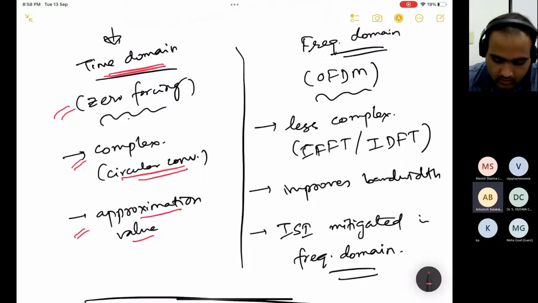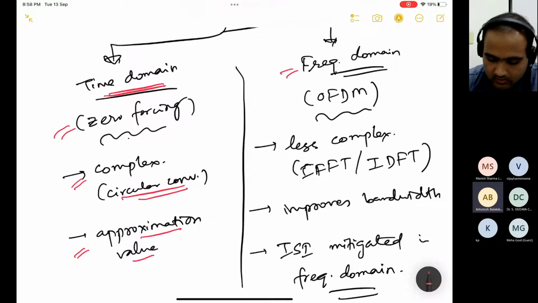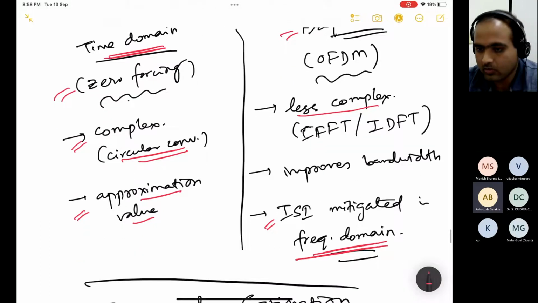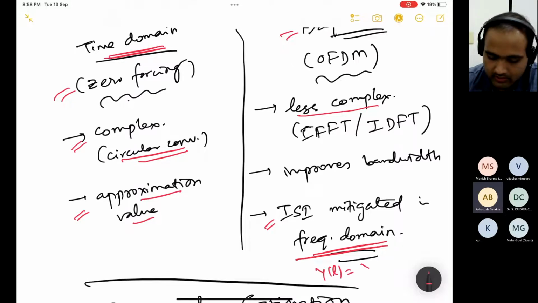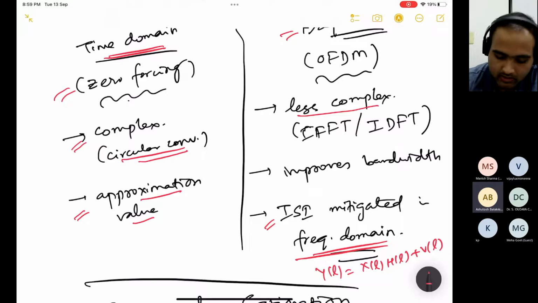value, right? And in the frequency domain, we saw the OFDM, and as compared to the circular convolution, this is very less complex, right? And ISI is mitigated in the frequency domain itself. So my YL is XL HL plus VL, right, directly, and I am not getting the ISI which I used to get in the time domain, so I don't have to do any zero forcing, and it improves bandwidth.